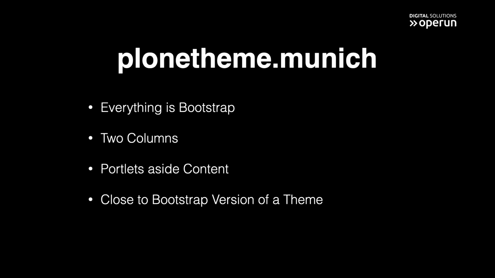The idea of the theme is to stick as close to default Bootstrap components as possible. So don't do a different styling for my breadcrumbs, don't do a different styling for my navigation, don't do a different styling for a lot of components, like search bar or stuff like that. So I don't like Barceloneta so much, or specific details of it, so that's the idea of creating a nice and clean version of it.